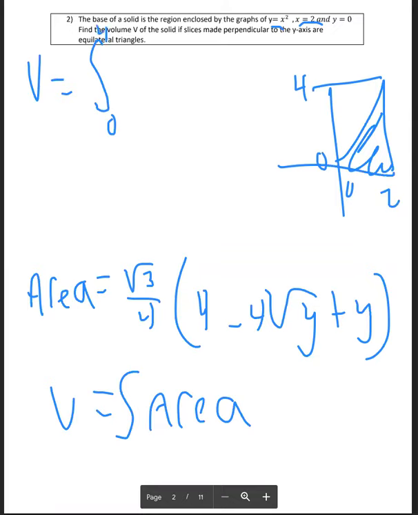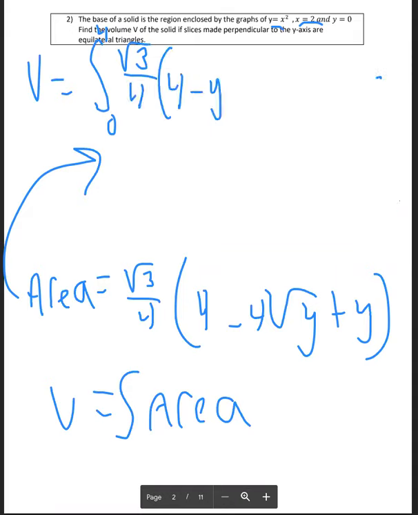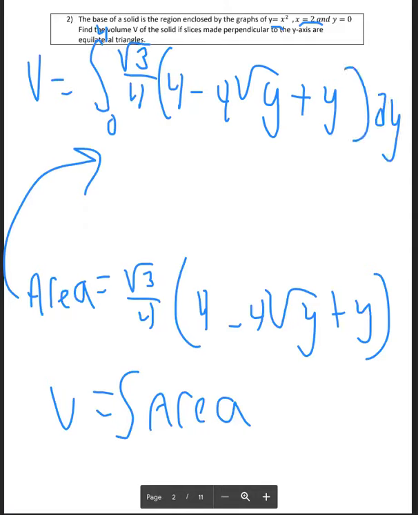And then we just plug in the area that we got. So radical 3 over 4, 4 minus 4 radical y plus y, dy. Don't forget the dy. She's going to take off points. Then I would just move that radical 3 over 4 to the outside.